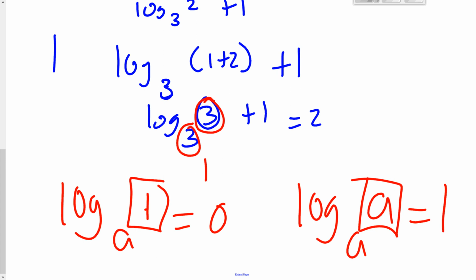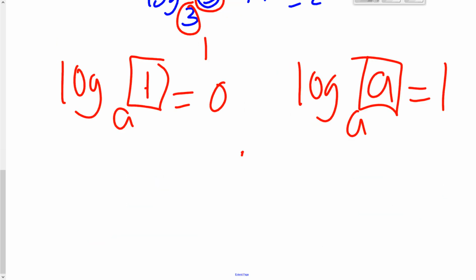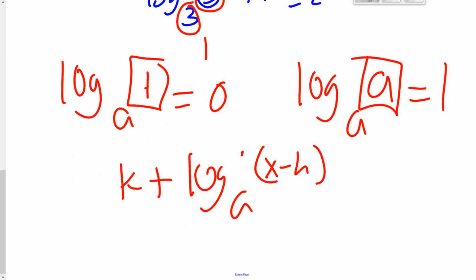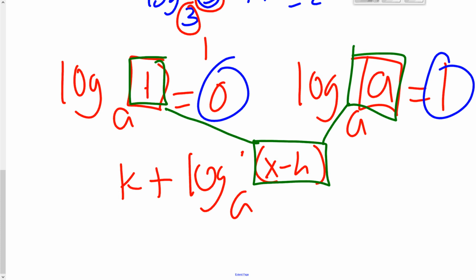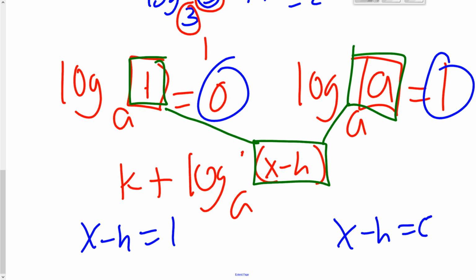So you've got to think, this is log base a of x minus h, and then plus k. I want this number right here to be 1, and I want it to be a, right, because those are easy answers to the log problem. So if I want my x minus h to equal 1, and I want my x minus h to equal a, then I could just solve these equations.